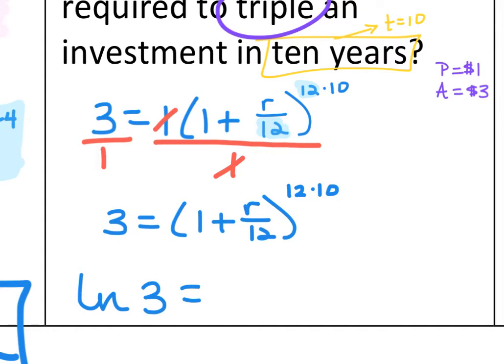Anytime an exponent is a problem, because you can't get at what it's a power of, then you can take the ln of both sides of the equation, and then you can make that exponent into a coefficient instead of an exponent. So what I'm doing here is saying ln of all of this, I need to get that r by itself.